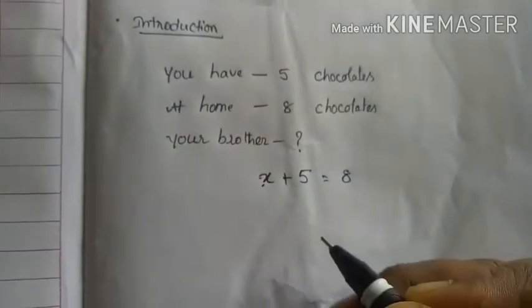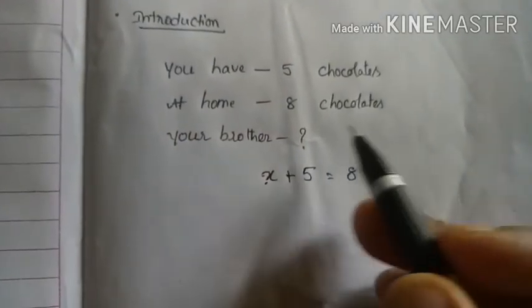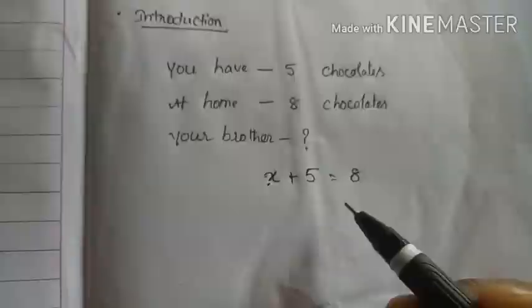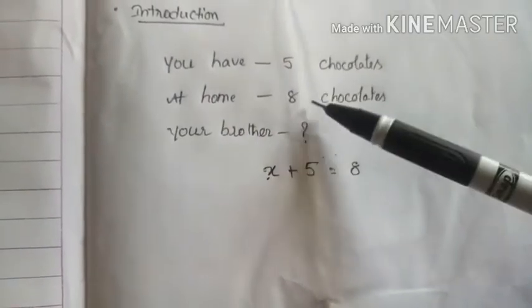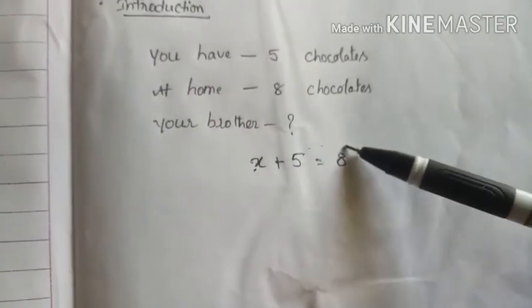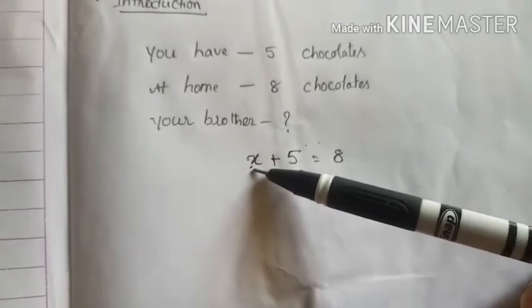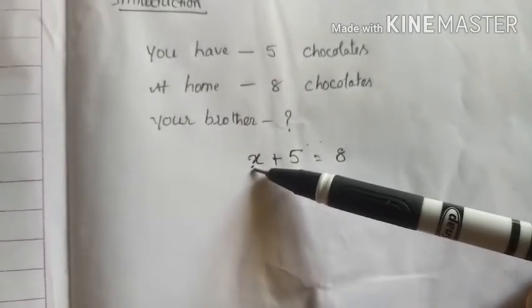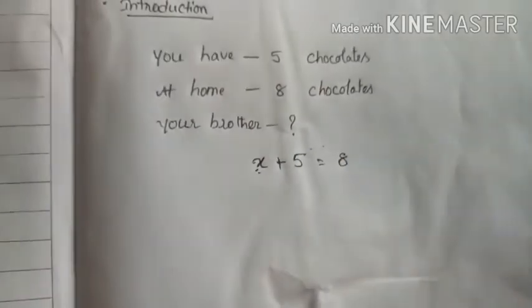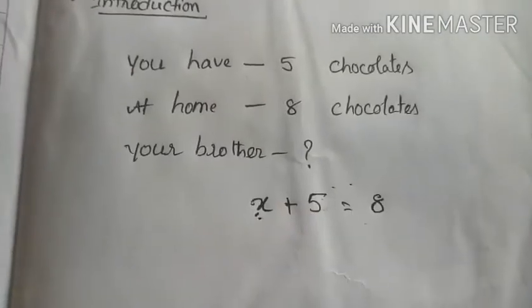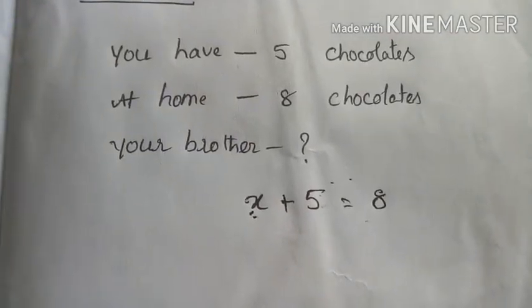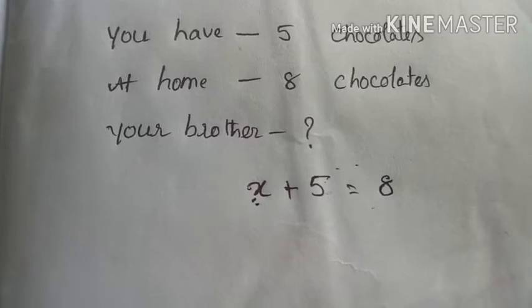And totally how many do you have at home? 8 chocolates. So when you look at this, it says you have 5 chocolates and at home there are a total of 8 chocolates, but you don't know how many chocolates your brother has. So this is called an equation.